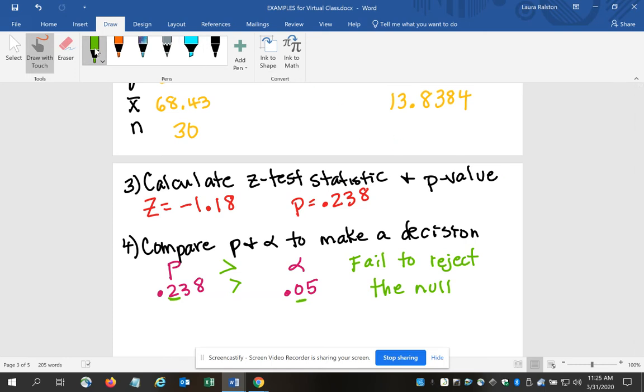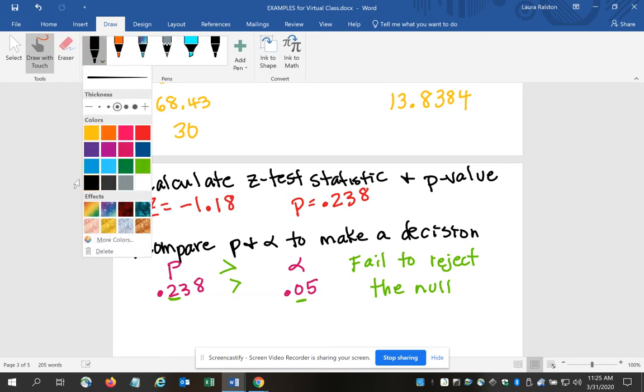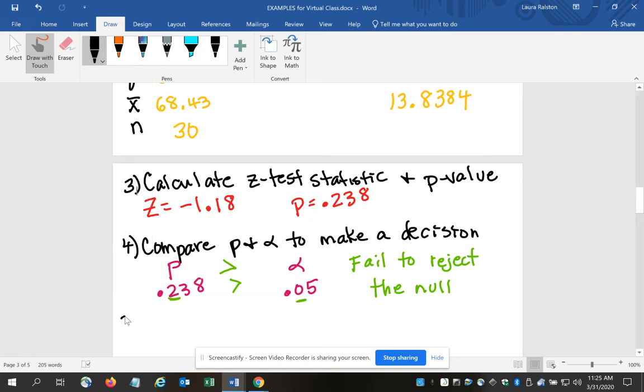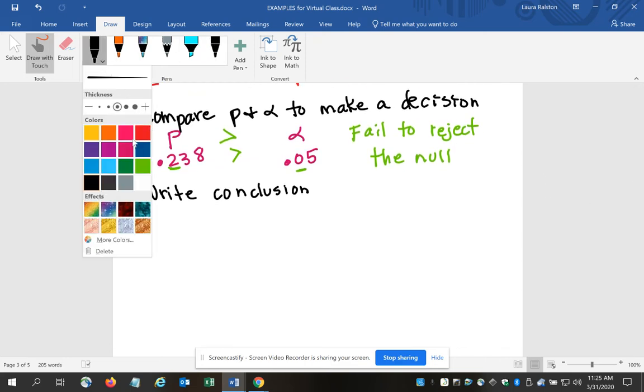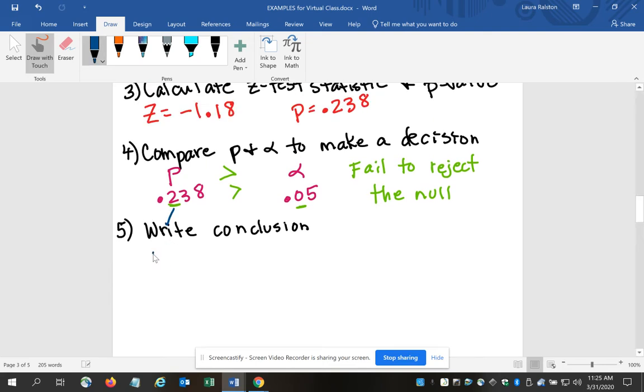So then we're ready for step 5, and step 5 is that we're going to write our conclusion. And again, when we write our conclusion, we typically state the significance level. So I would have at the 0.05 level of significance.